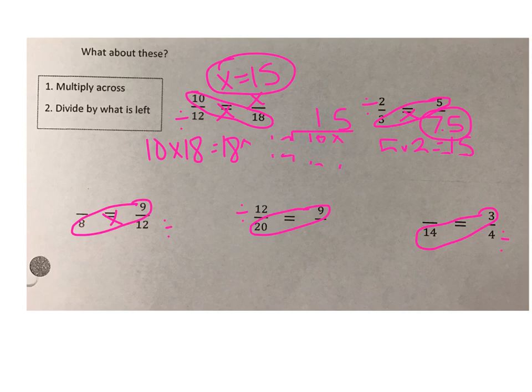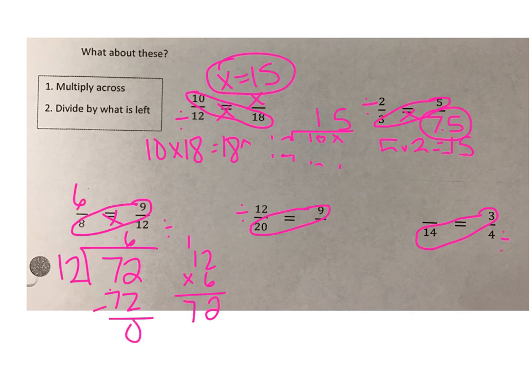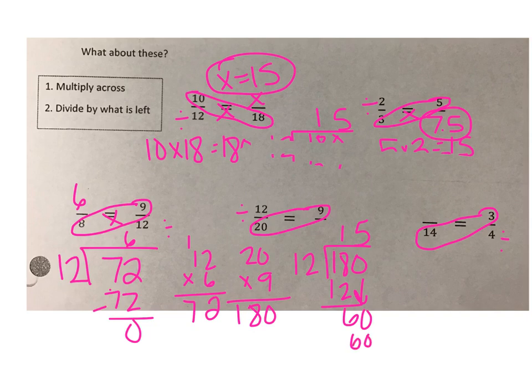So 8 times 9, 72 divided by 12. If you're not sure, think about, well, 12 times 5 is 60. So 12 times 6 gives me 72. Then for the next one, we're going to do 20 times 9. And then 180 divided by 12 gives me 15.